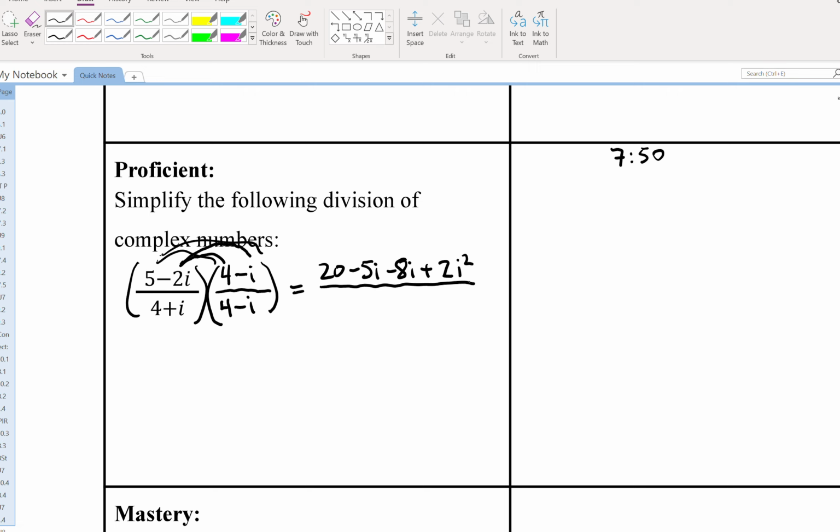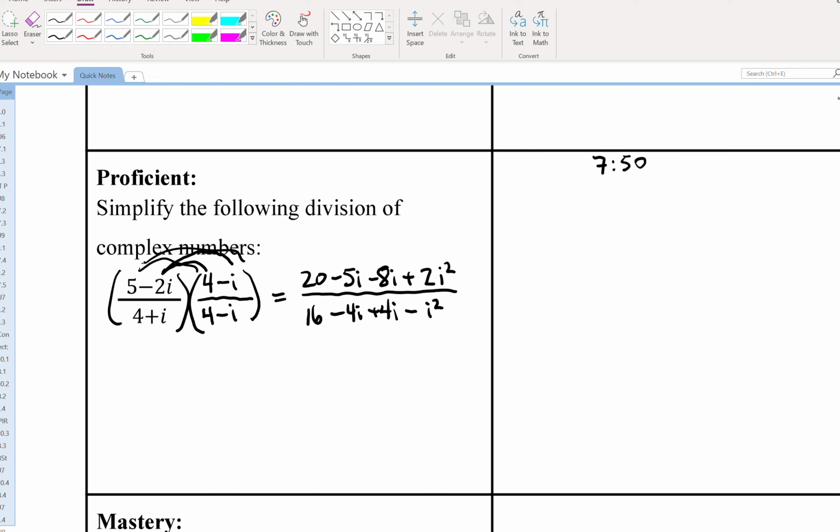So that's what you get along the top. On the bottom, you got 4 times 4, which is 16. 4 times a negative i, that's minus 4i, plus 4i. And then i times a negative i, negative i squared.